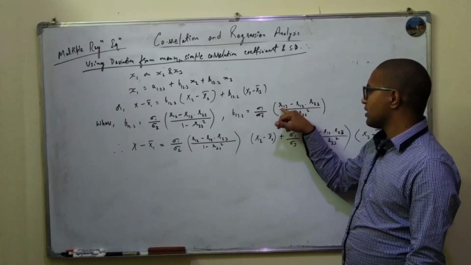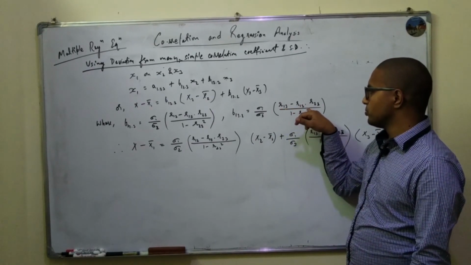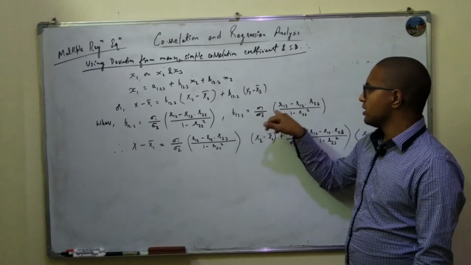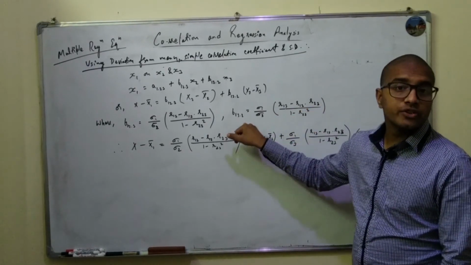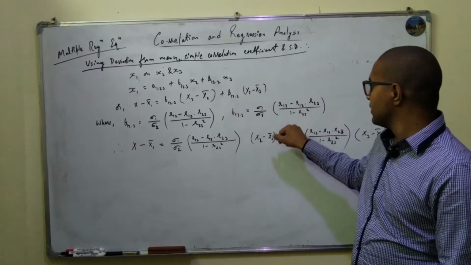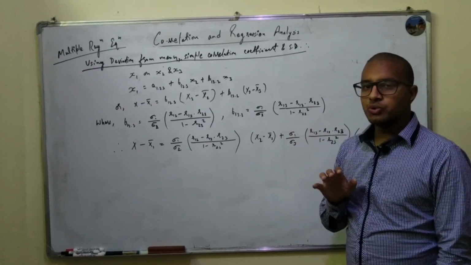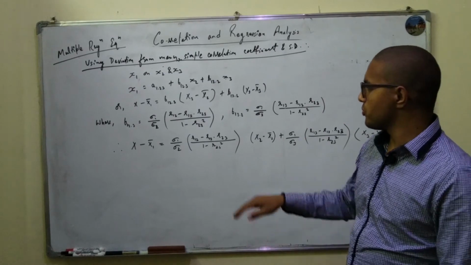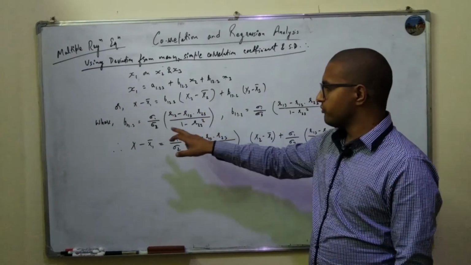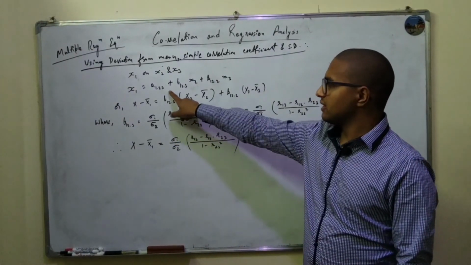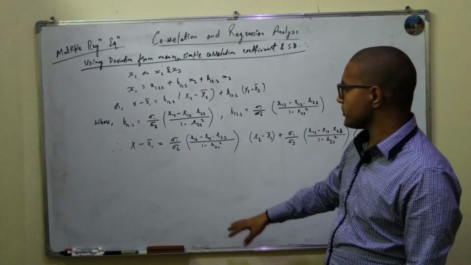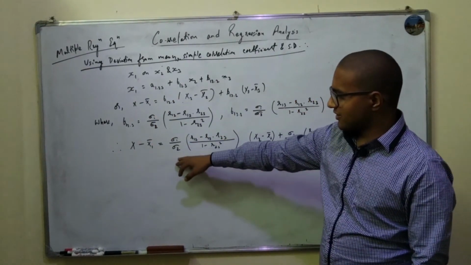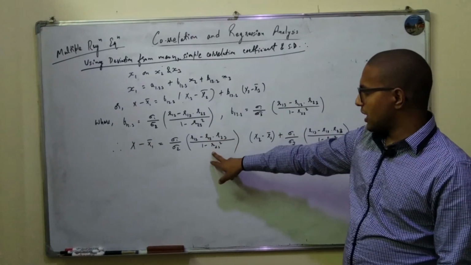And then r13 minus r12 times r23, divided by 1 minus r23 whole square. We put this in case of b12.3, where we replace the small x with x minus x bar, and the same thing down below.